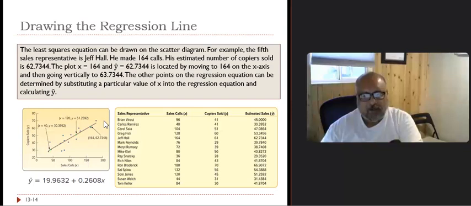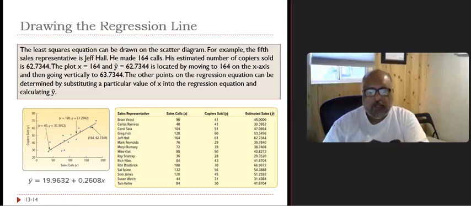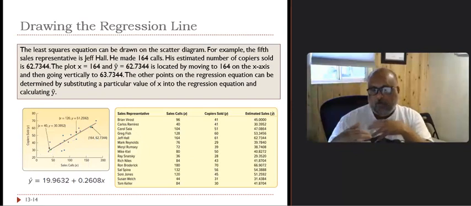This is the prediction line. Regardless of the data that was actually captured, based on this trend, this is great for forecasting.